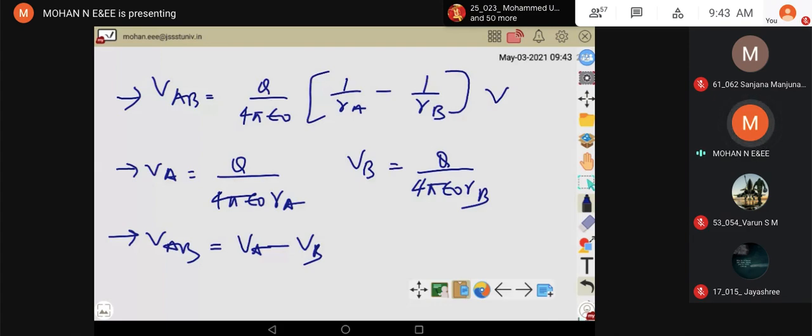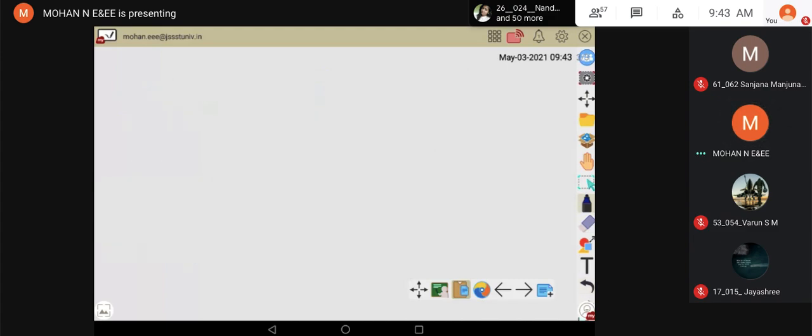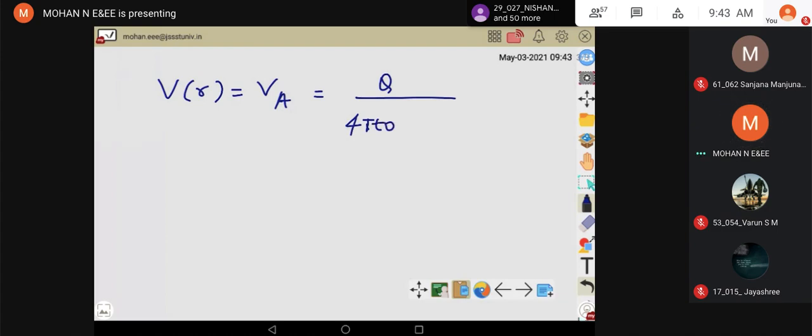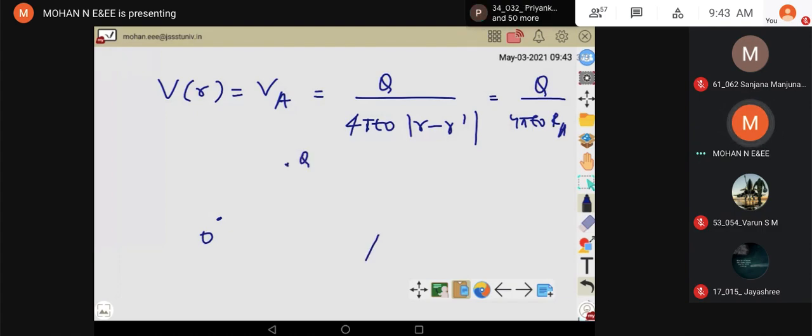When the charge is at the origin, you can find the potential V of R. At point A, when the charge is not at the origin, it is Q by 4 pi epsilon naught times modulus of R minus R dash, where you have the origin here, and Q is at this point, and I am measuring the potential at A here.